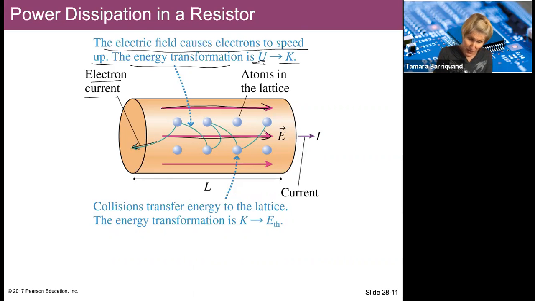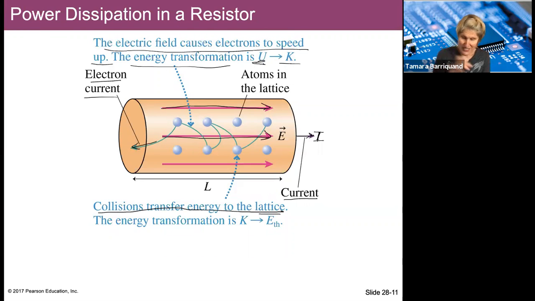And so we know that the electron current is going in the opposite direction from the electric field. And of course, the current that we've defined as our current is going in the same direction as the electric field because it's going in the direction that positive charges would flow. Now, as the electrons are moving around inside the wire, they are colliding with the atoms and they're transferring energy to the lattice.